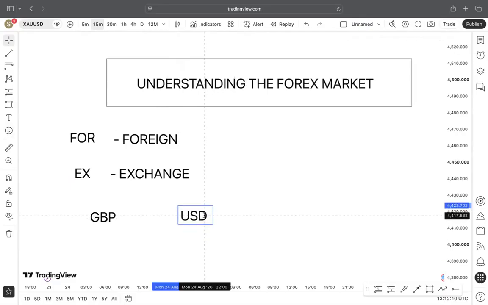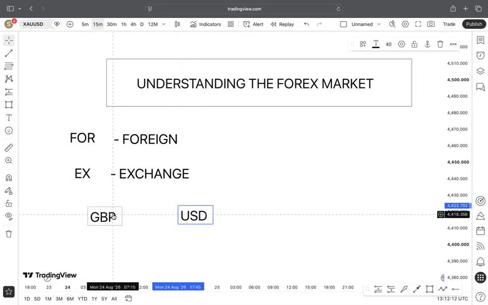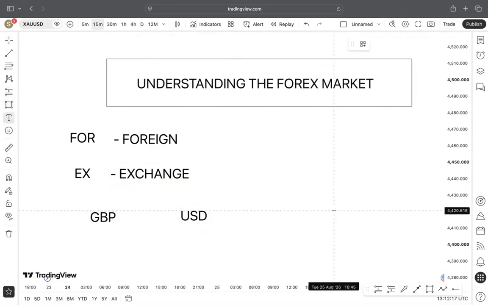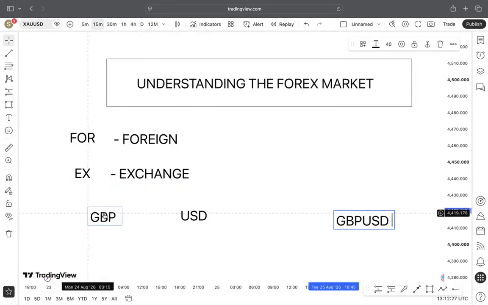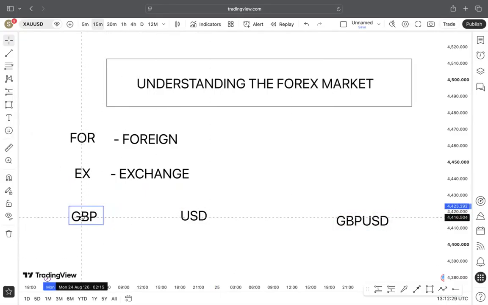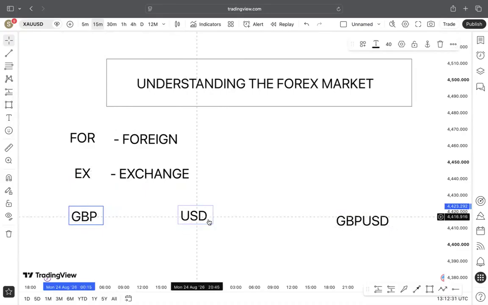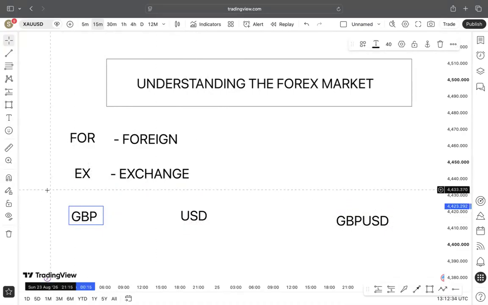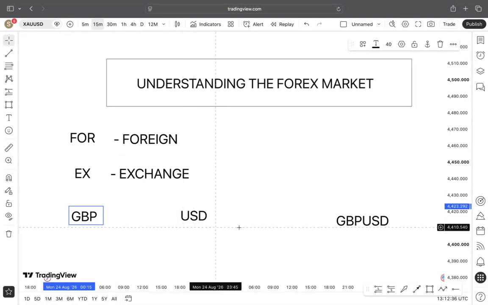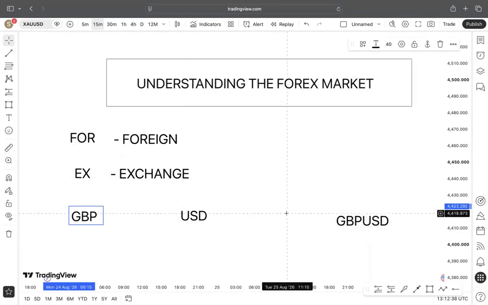So you are trading the GBP as against the USD, and it gives you a pair called the GBPUSD. This is the Great British Pound, and this is the United States dollar. So exchanging these two foreign currencies, one against the other, is what we call forex.